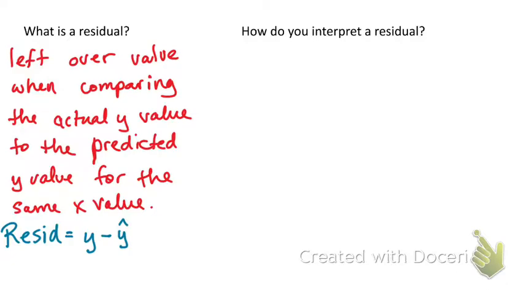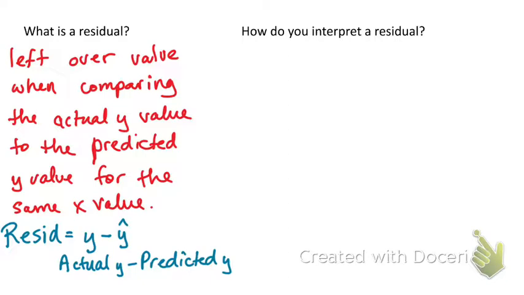That's so simple. That's a tough one. This is your actual Y value minus your predicted Y value. This is your actual Y minus your predicted Y. Subtraction. Love that subtraction guy.